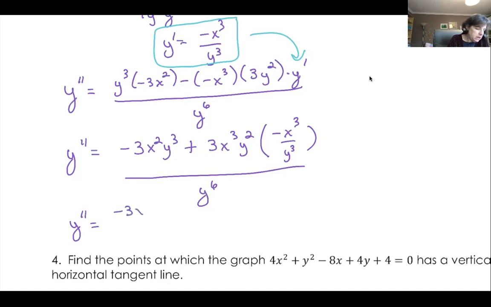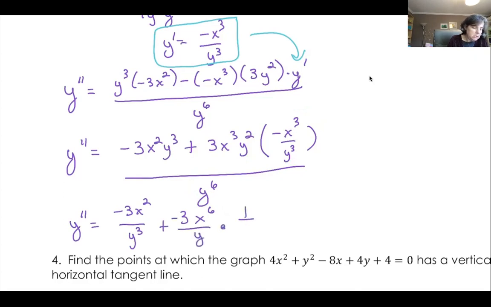So I'd have minus 3x squared over y cubed. Okay, now I'm looking at all of this. So plus 3x to the 6th, and a negative, because I had a negative in front of that x cubed. The y squared over y cubed would leave me with 1 y in the denominator.